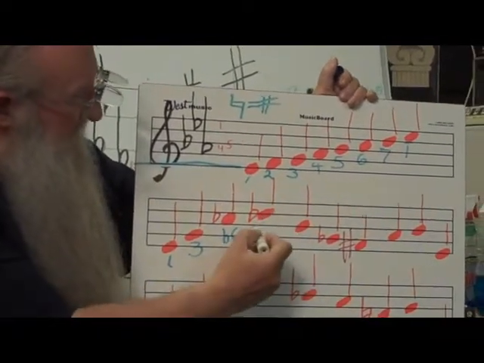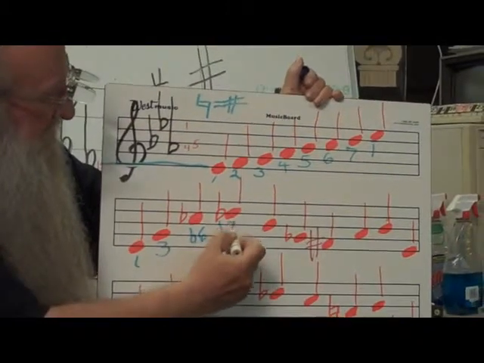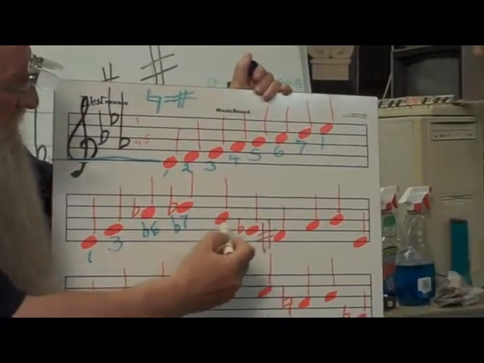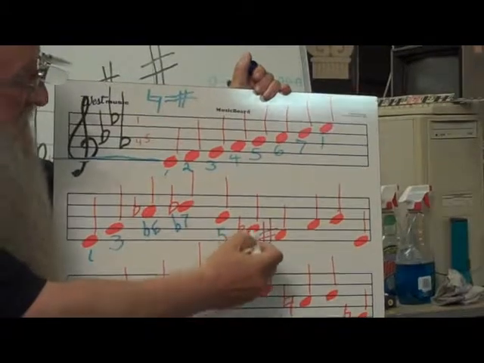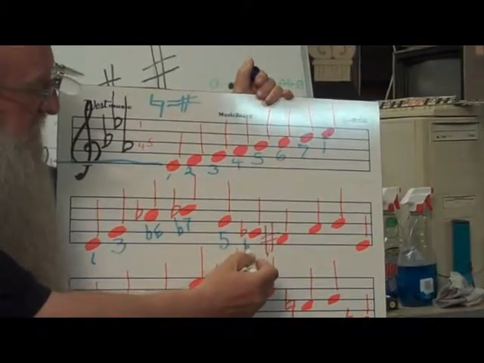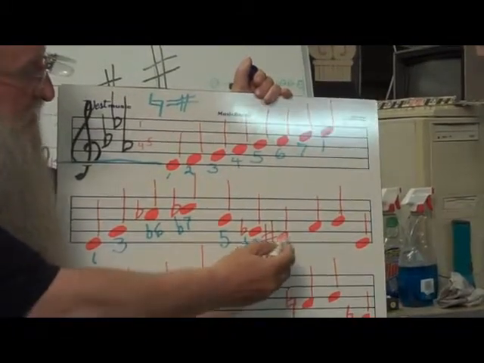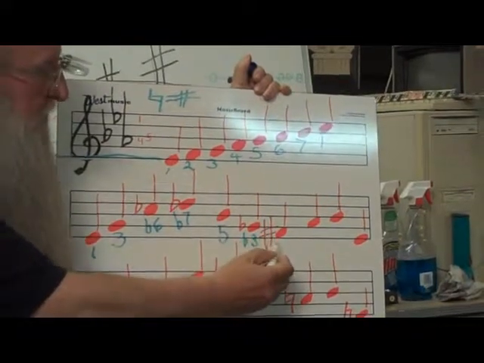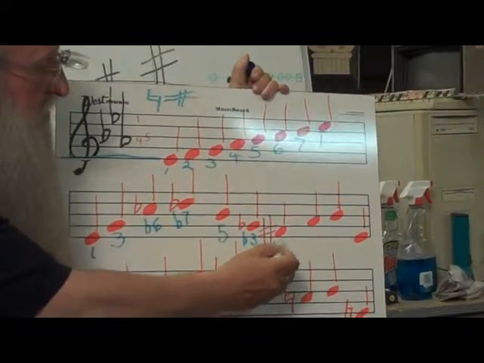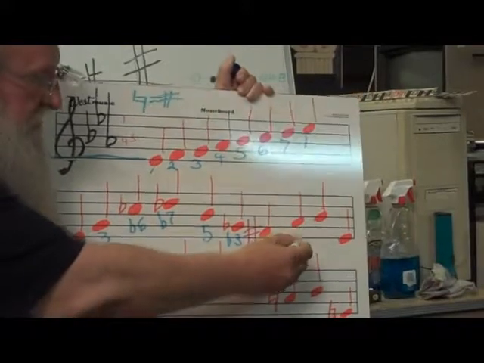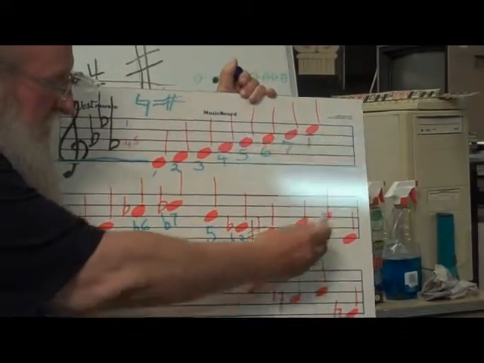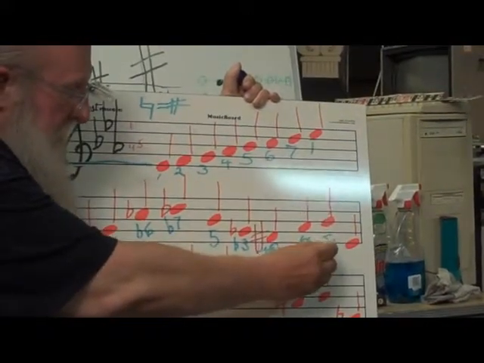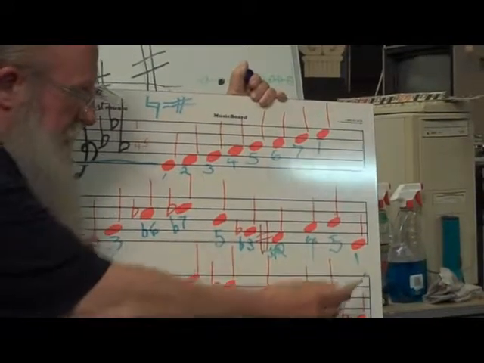This is a 7, so we call this flat 7. This is a 5th. That is a 3, but it has a flat, so it's a flat 3. This is a 2, but it has a sharp, so we call it a sharp 2. This is a 4. This is a 5. And back to 1 again.